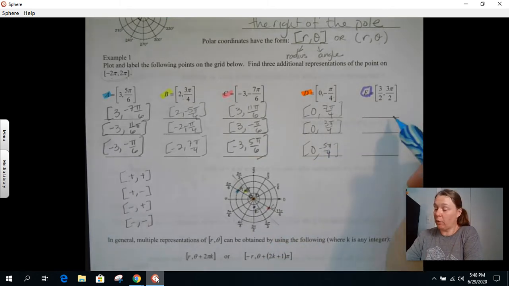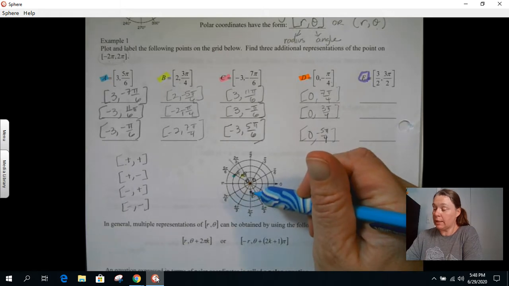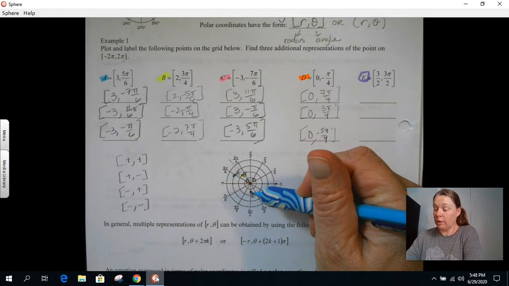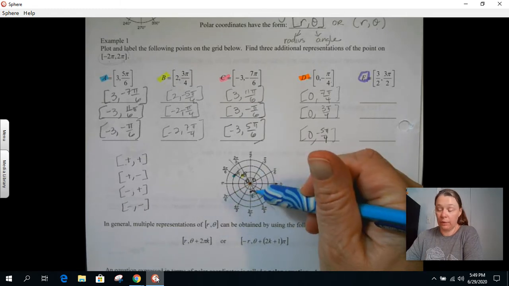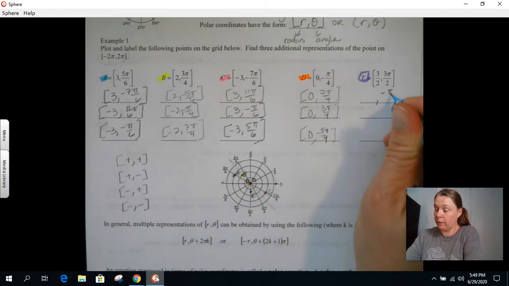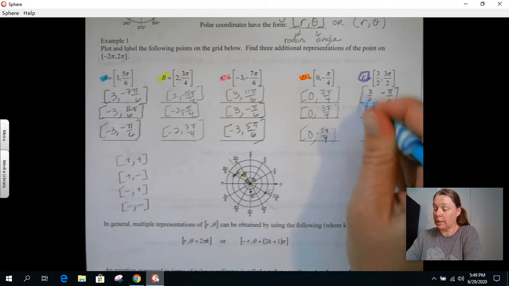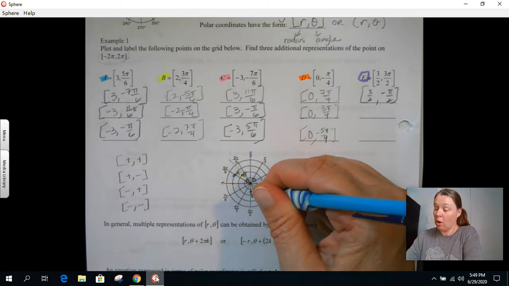All right, and then for our last one, so that's this guy right here, instead of doing 3 pi over 2, I could have done negative pi over 2 for my angle, and then kept the same radius, right, positive, it's going toward that point.